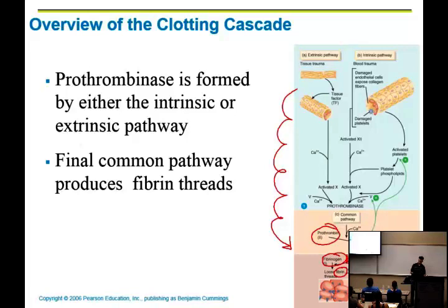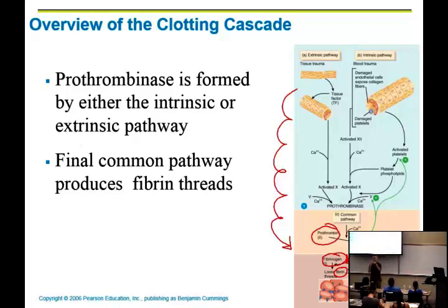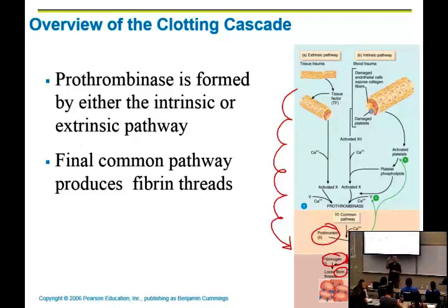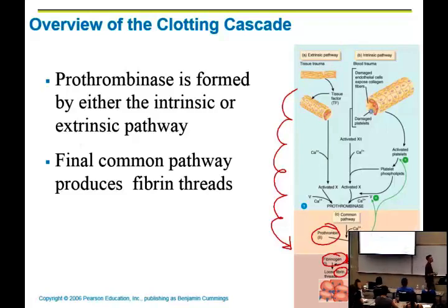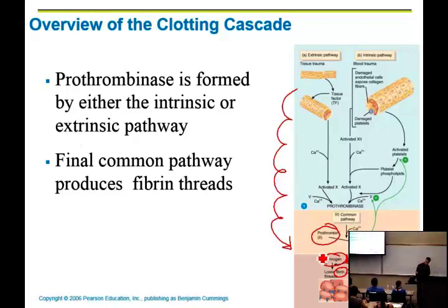Thrombin converts the fibrinogen into fibrin. Now, there's like 13 different factors in this chemical cascade. It's like a whole series of dominoes. This activates that, etc. And that whole sequence has to occur in order for fibrin to be formed.